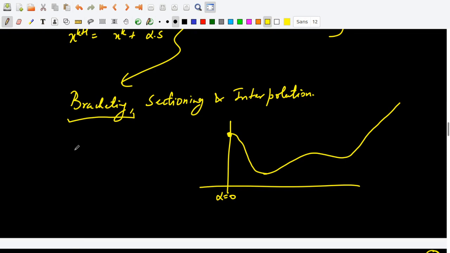Once we have a bracket, then we only have to search within that bracket, and there is a guarantee that we will find the desirable point there. Sectioning is the part where once a bracket has been created, we narrow it down to get better and better points. And interpolation means that once I have explored a few alpha values, then I can try to fit a quadratic or a cubic to the given data and try to optimize over that.